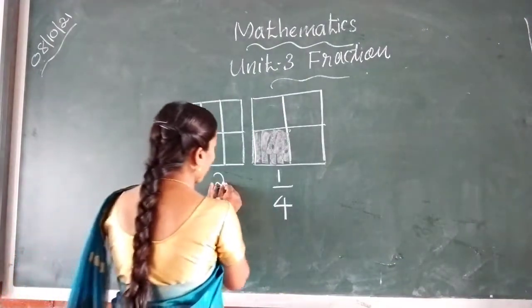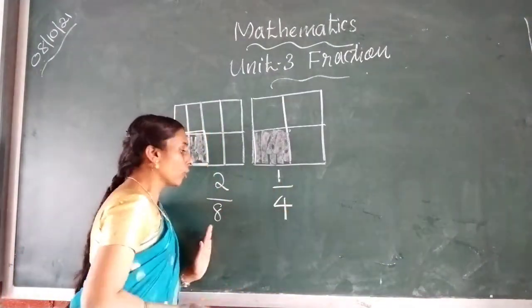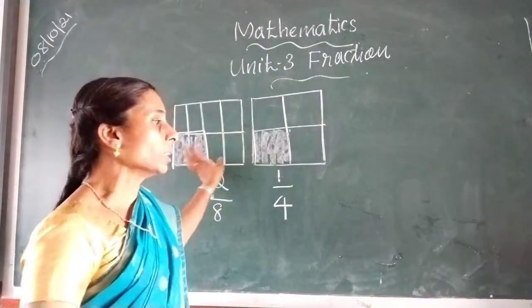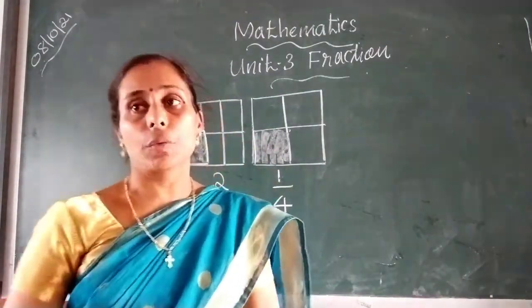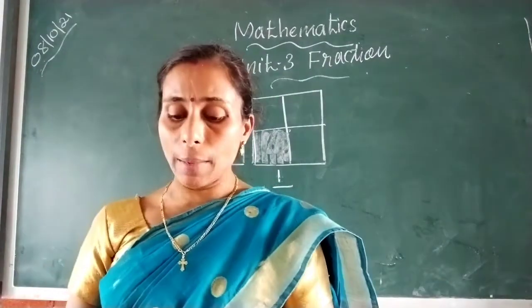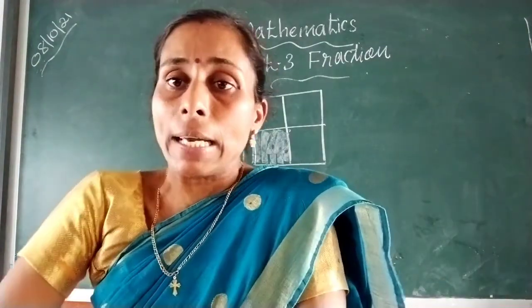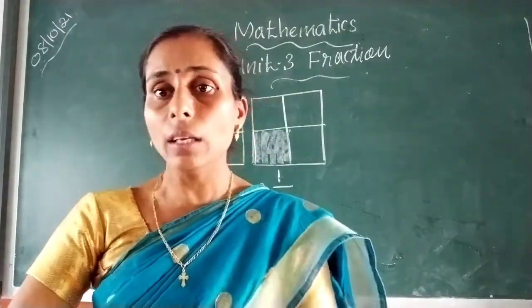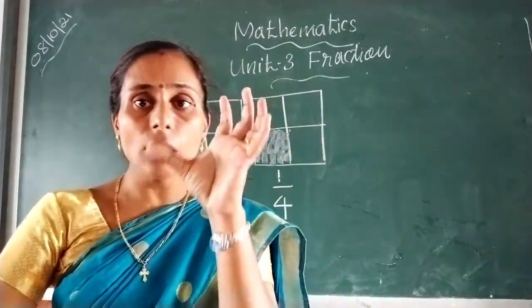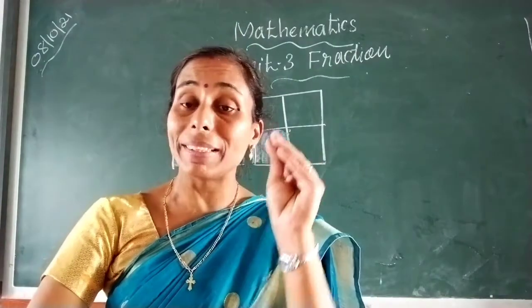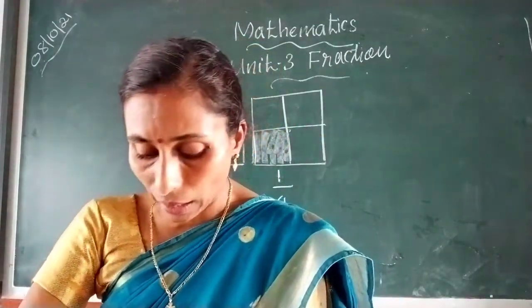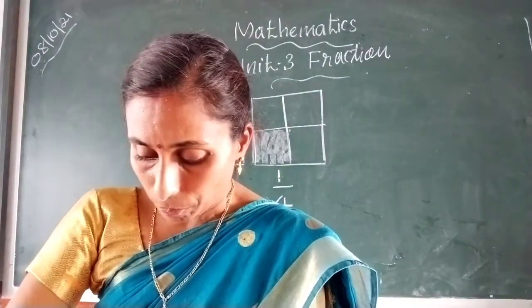But see, the numerators are different and denominators are different, but the value of both shaded parts are equal. So in equivalent fractions, even if the numerator and denominators are different, the value will be equal. That type of fractions are called equivalent fractions.